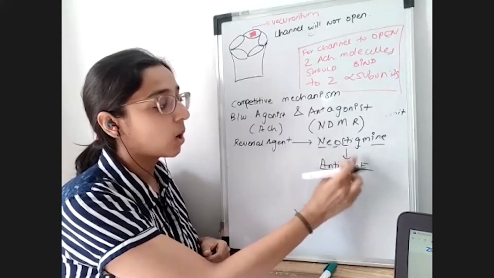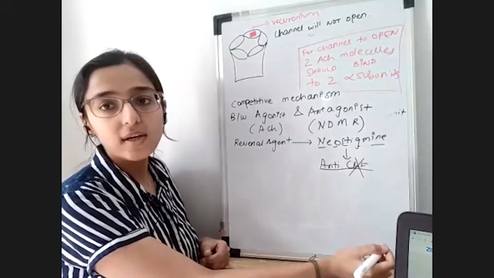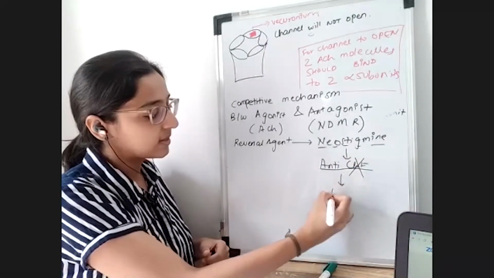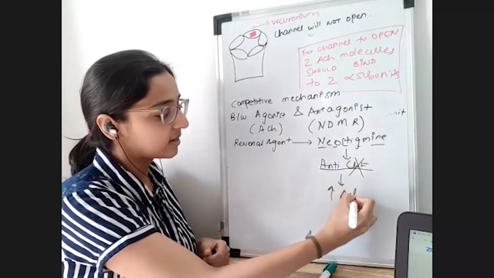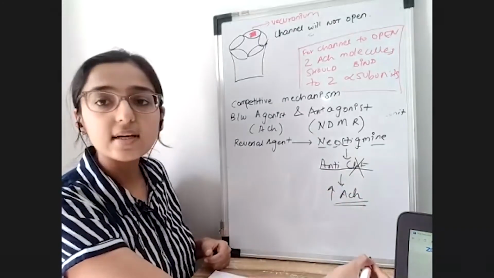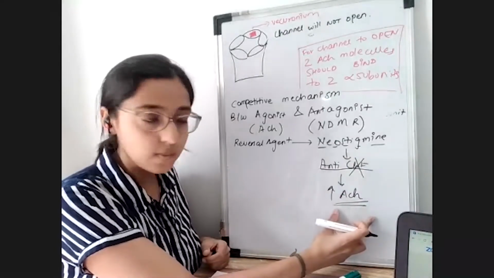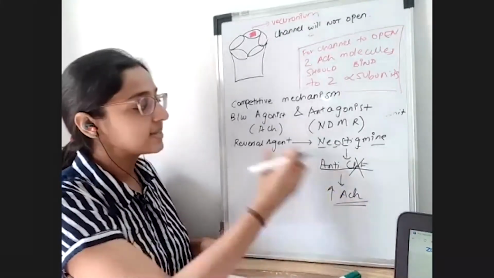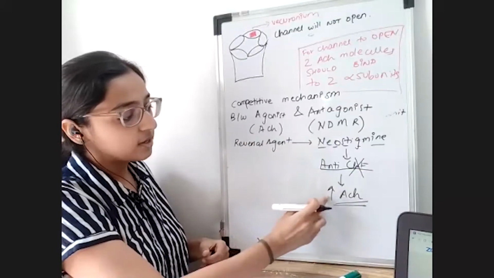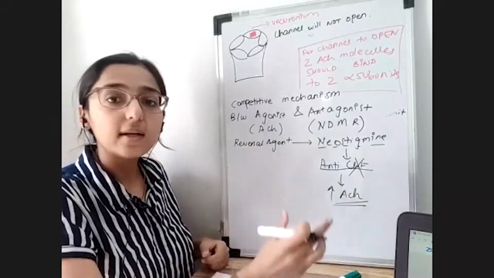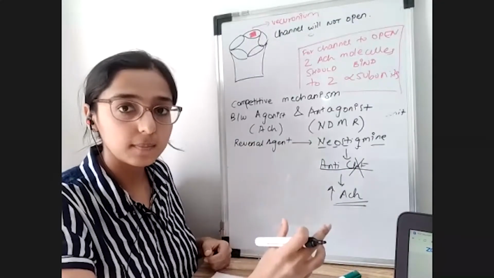If this enzyme is blocked, it will cause an increase in the concentration of acetylcholine molecules in the neuromuscular junction. The concentration of acetylcholine will increase, and this will start displacing the relaxant, by the time you're giving the reversal, the case is almost coming to the end.